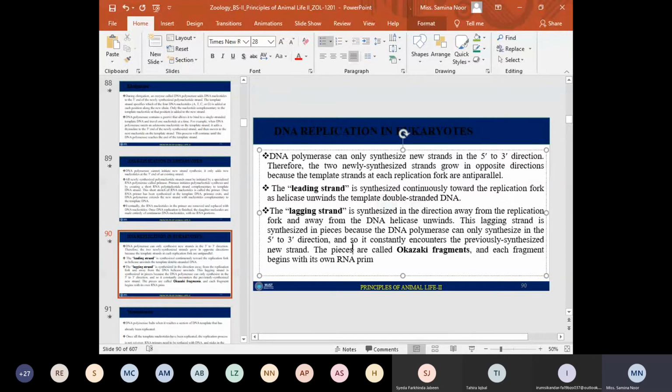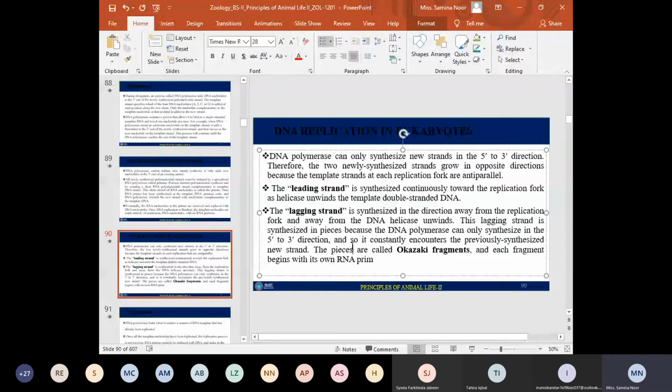Such Okazaki fragments were first discovered by a Japanese scientist named Okazaki, so they are named Okazaki fragments after the scientist.